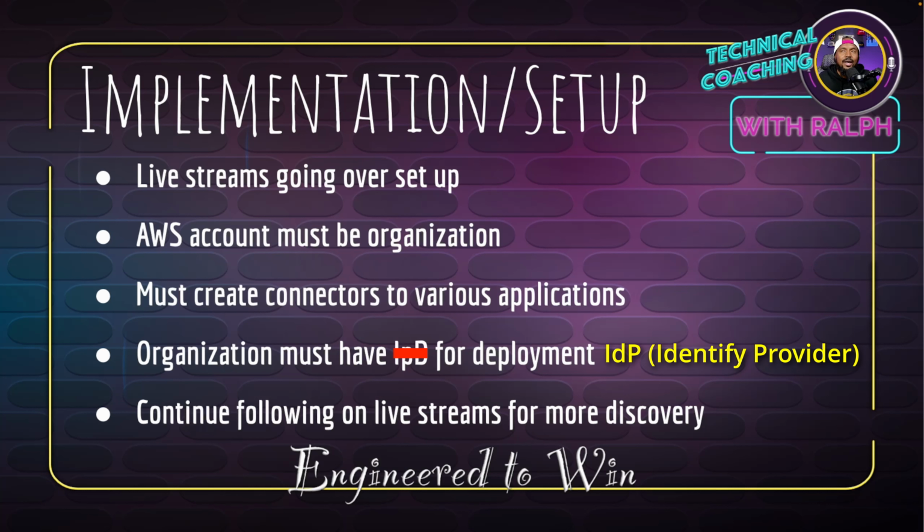So I had to use a connector source to my website and to my Slack, which I'm still working on. And the organization must have, I believe it's called an IdP. I could be wrong about that, but it's for the user list, from my understanding, for the deployment.